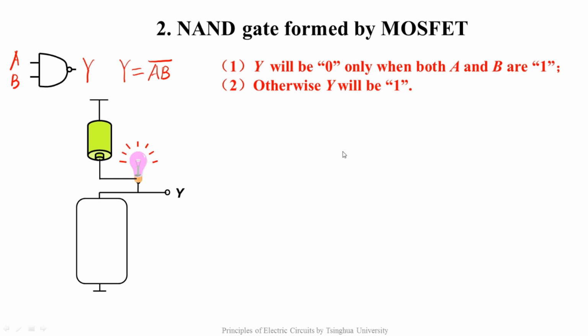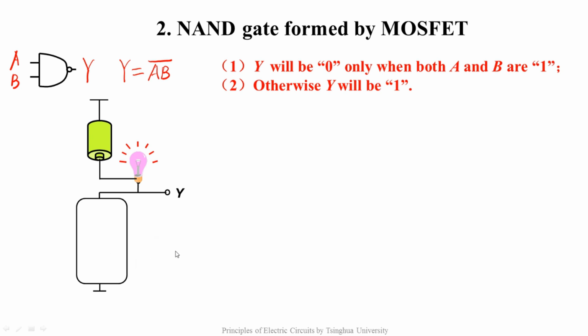Then, what should the connection of the two analog switches be, to ensure only when both of them are turned on, the output is 0, otherwise Y is 1? In the logic expression, if both A and B are 1, which means two MOSFETs are both turned on, the corresponding switches are both turned on.